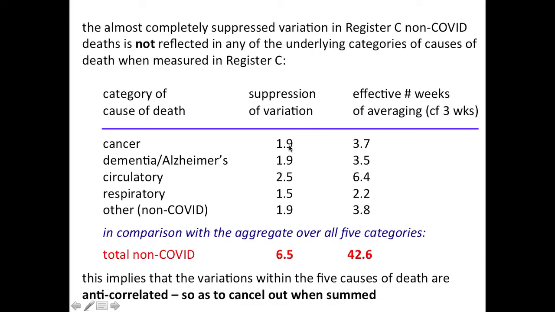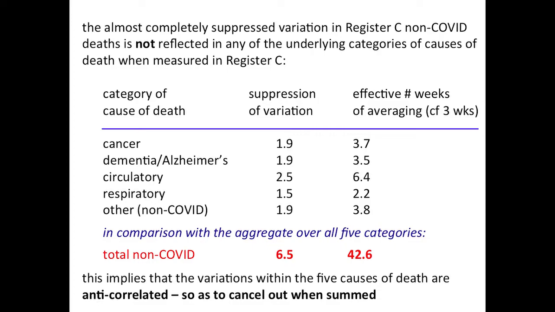Here's the amount of suppression of variation, and it's all roughly around a factor of 2, which is what you would expect when you're doing this 3-week blocking. And if I sort of back out the effective number of weeks for all bar one of these, again it's roughly around 3. It's just circulatory is a little bit higher, but it's nothing compared to the total, which has this extraordinarily high degree of suppression of fluctuation.